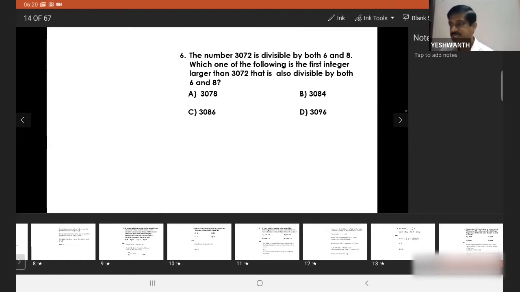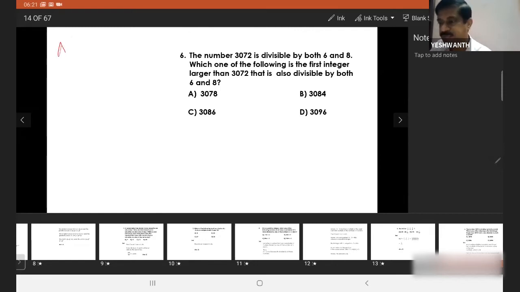So the number 3072 is divisible by both 6 and 8. Larger than 3072 means all four options are larger than 3072. So what we should do is take that extra part between 3072 and 3078.